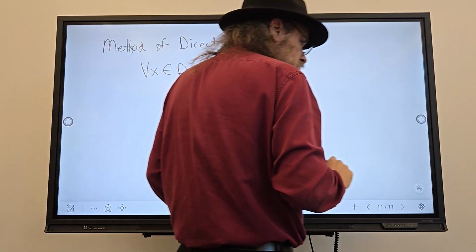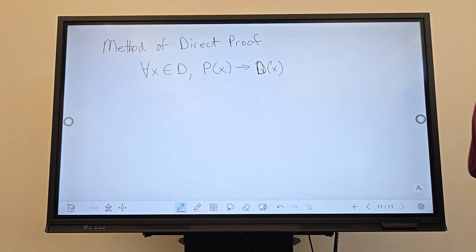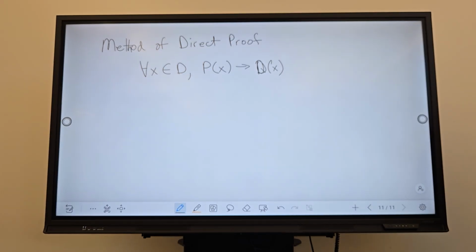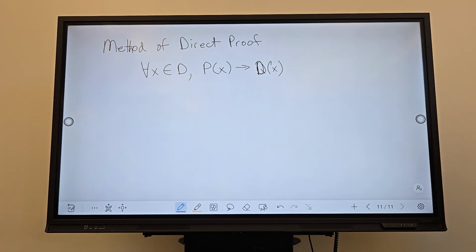You express it in that form, in symbolic form. Start the proof by supposing x is a particular but arbitrarily chosen element of D for which the hypothesis P of x is true.